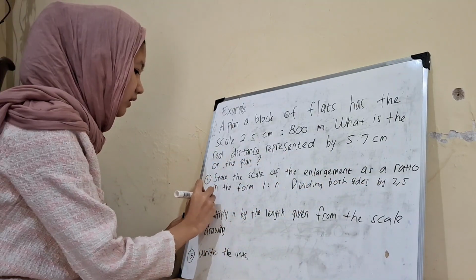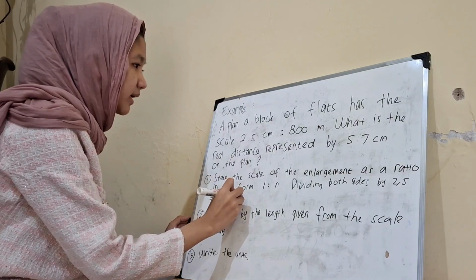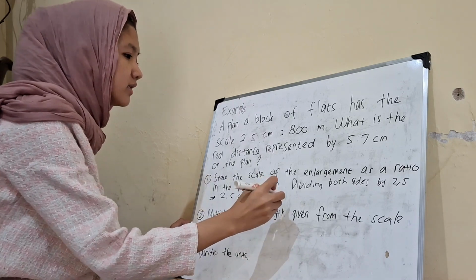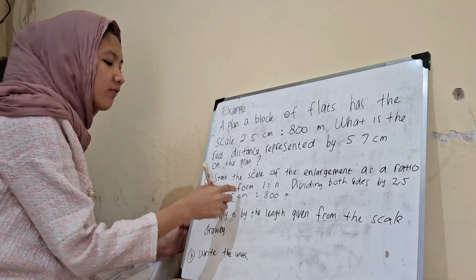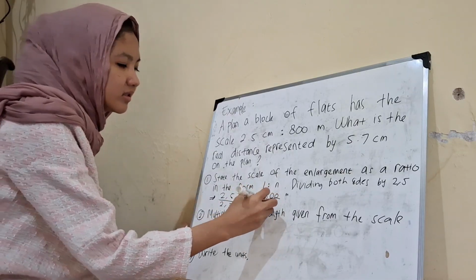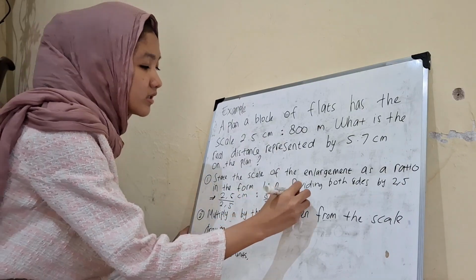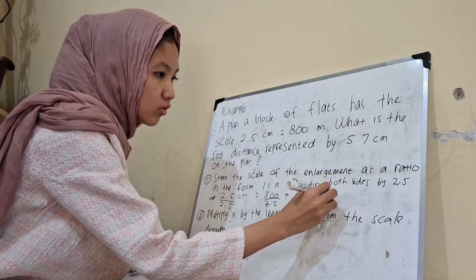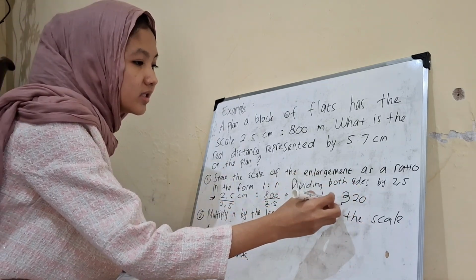So we know 2.5 cm to 800 meters, divided by 2.5, divided by 2.5. 800 divided by 2.5, so we get 1 to 320.